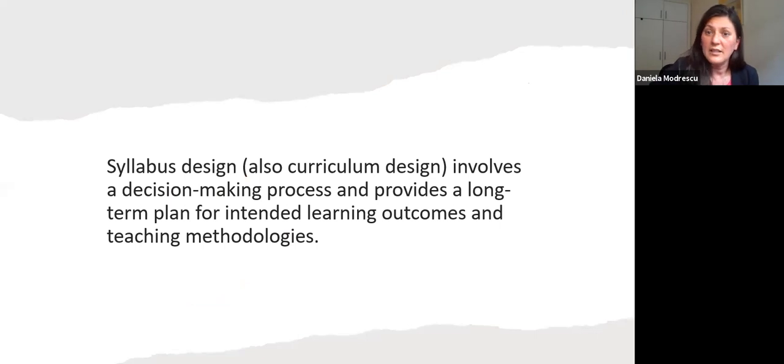So syllabus design as a whole is a plan, and it involves a decision-making process.